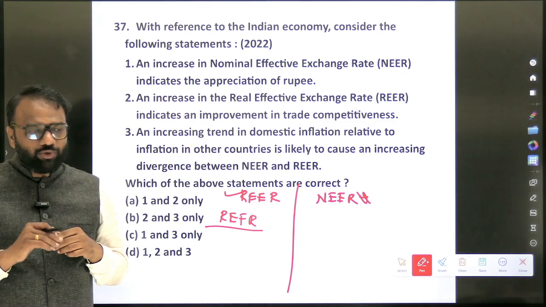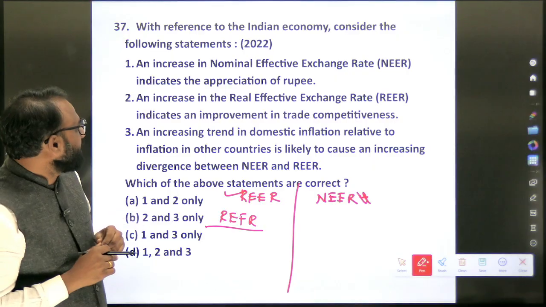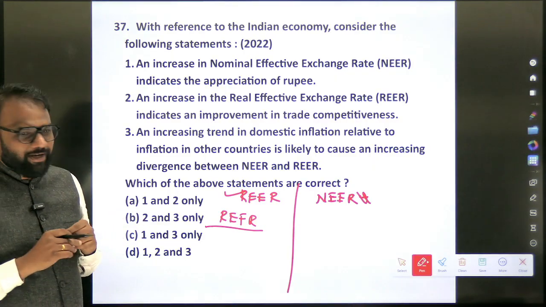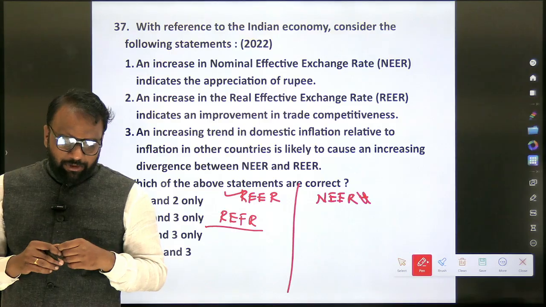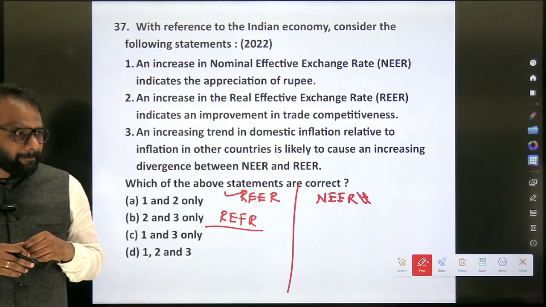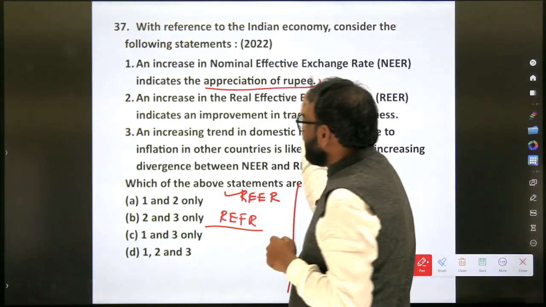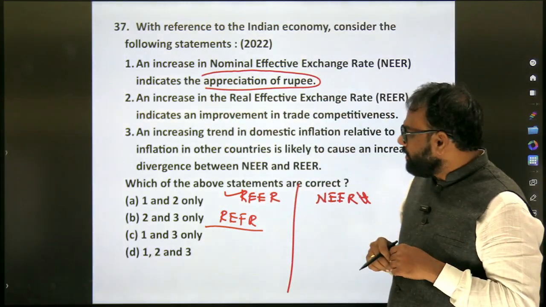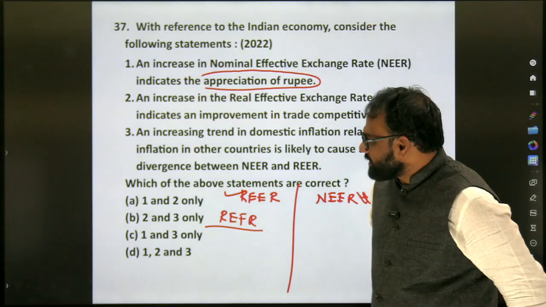Okay, the statement is true. If you go to the first one, an increase in the nominal effective exchange rate indicates the appreciation of rupee. Now, an increase in REER indicates a loss in trade competitiveness, right? Correct.